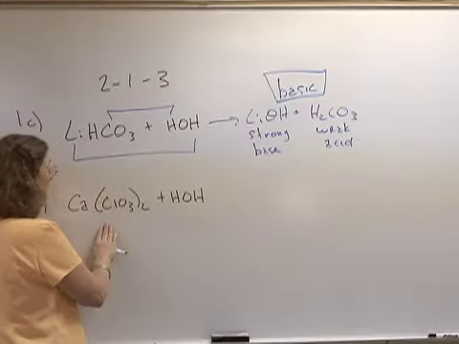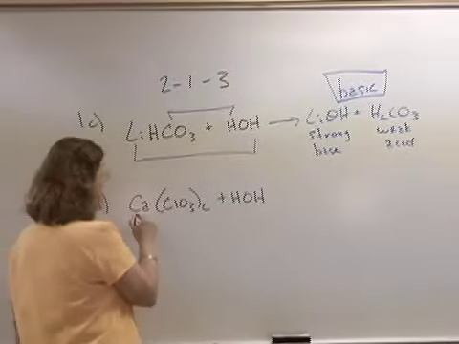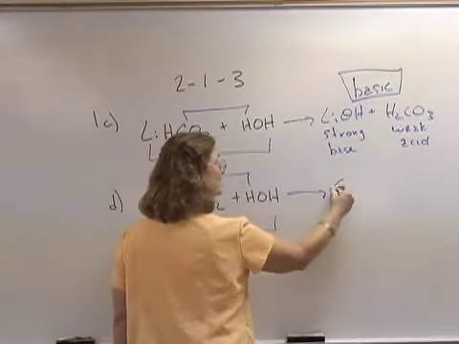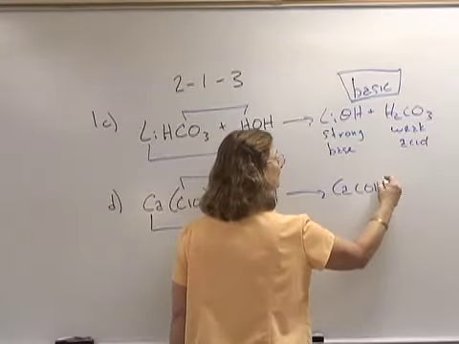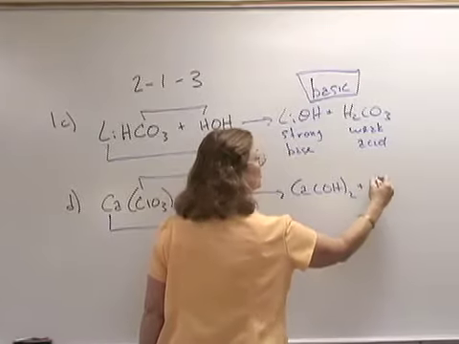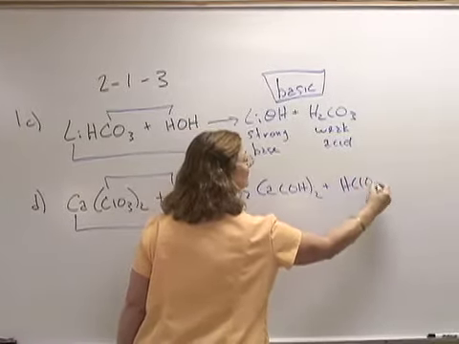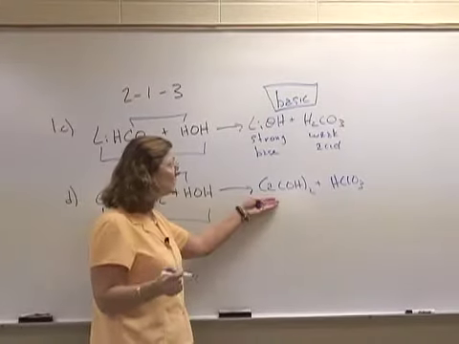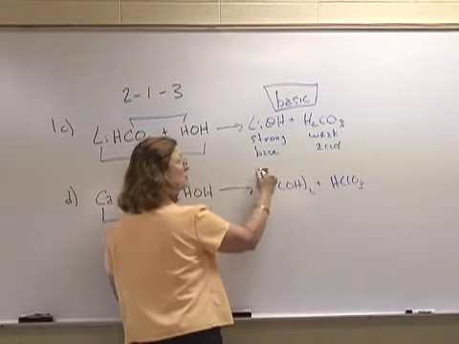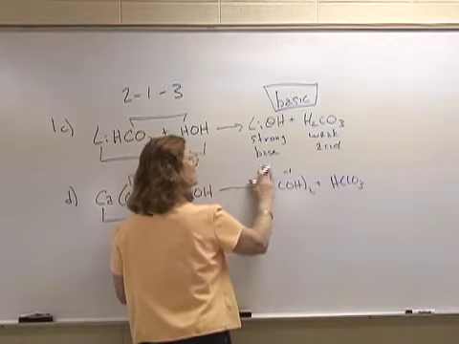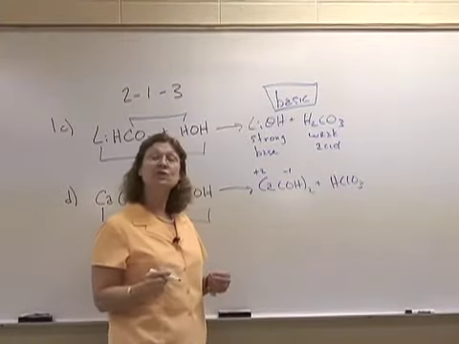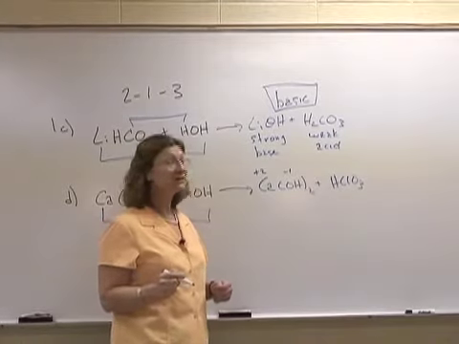In this final one we have in number 1, again we're doing the do-si-do. And we get calcium hydroxide and chloric acid. Again, I must write the formulas correctly, and calcium is +2 and hydroxide is -1. The common multiple is 2, so I need 2 hydroxides.